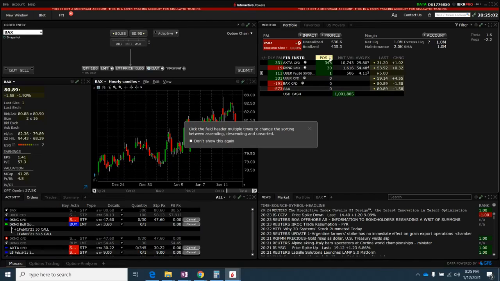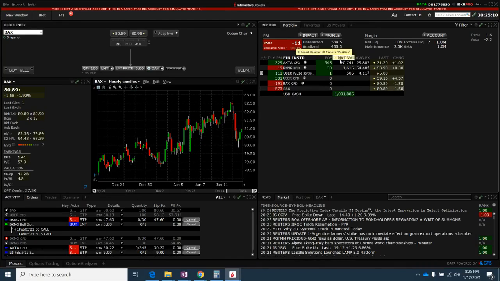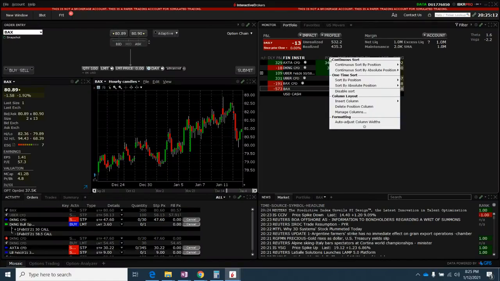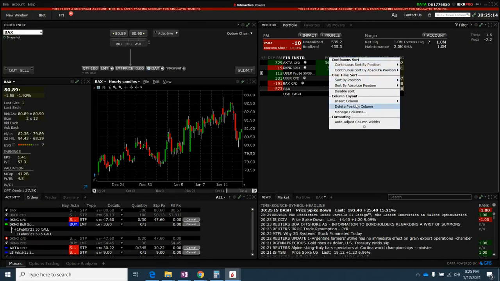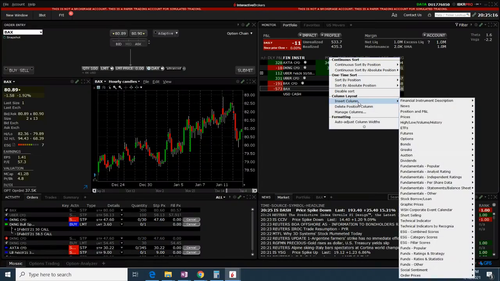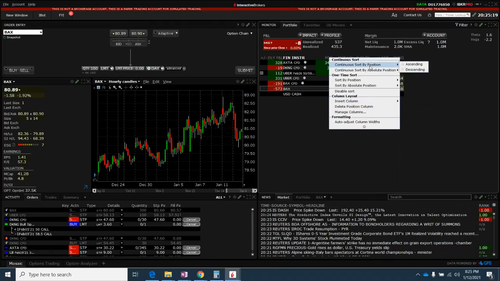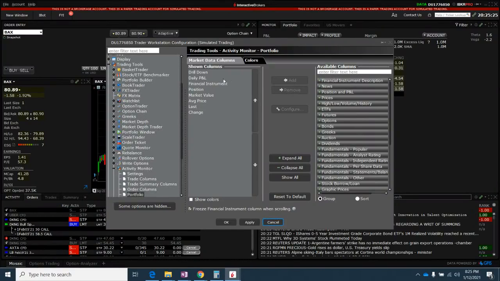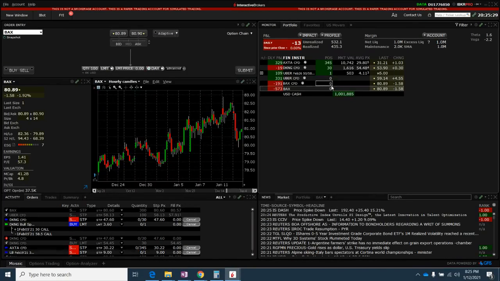It means these are the stocks that I have already exited, for profit or with loss. So let's try to sort and hide those positions with a zero value. Manage columns. Okay, so I don't want to manage it now.